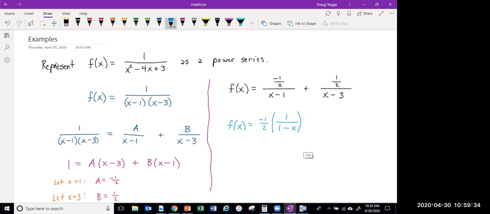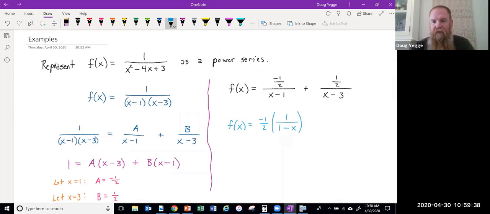Maybe multiply it by negative 1. Yeah, if I multiply it by negative 1, then that just changes the direction. So that's why I could really just rewrite it as 1/2 times 1 over 1 minus x. And now notice that this one right here looks exactly like the form of the sum from n equals 0 to infinity of x to the power of n, with a 1/2 out in front.